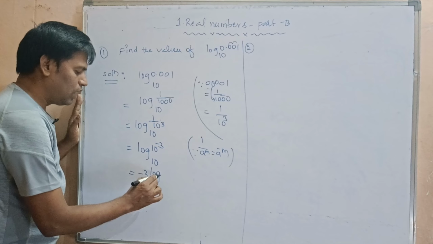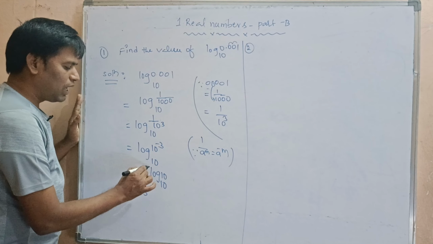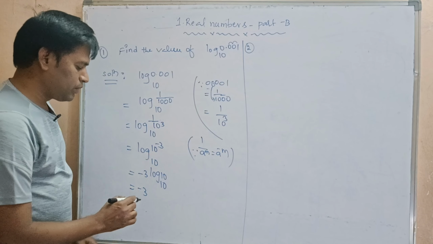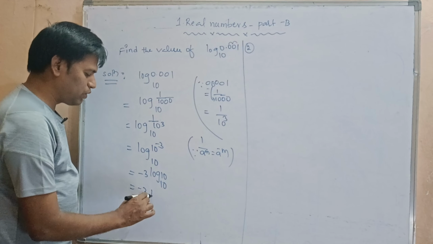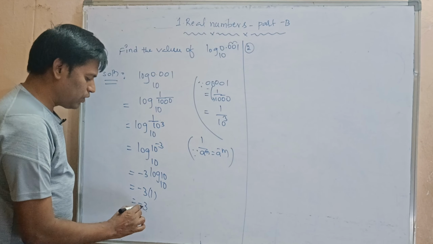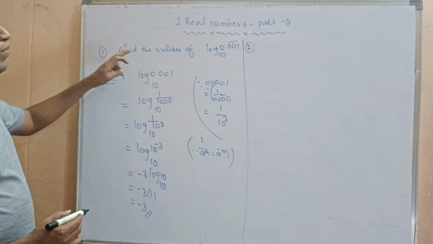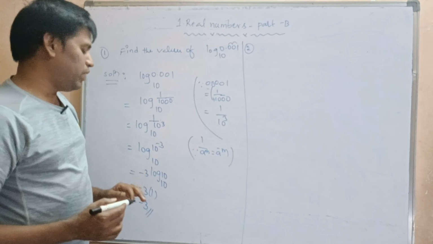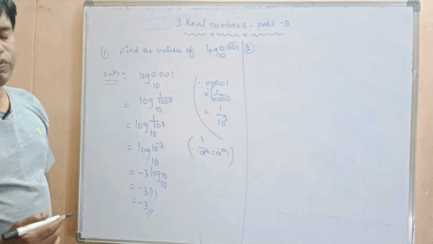After that log 10 base 10, and I already gave the formula: log a base a is equal to 1. That's why in place of log 10 base 10 I am taking 1. Then your answer is equal to minus 3 only. So the value of log 0.001 base 10 is minus 3. It is your first problem.